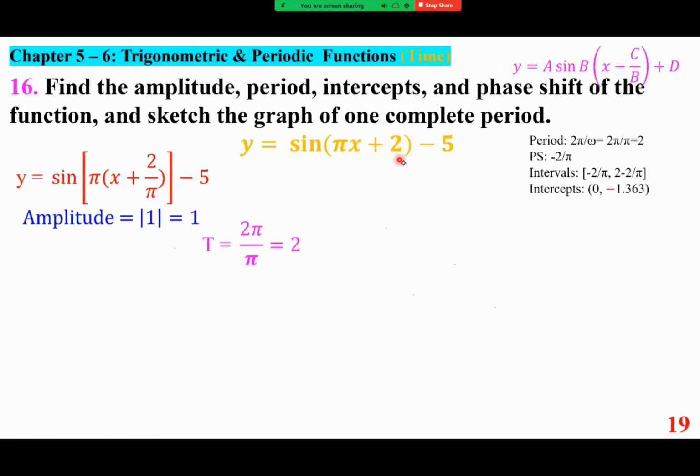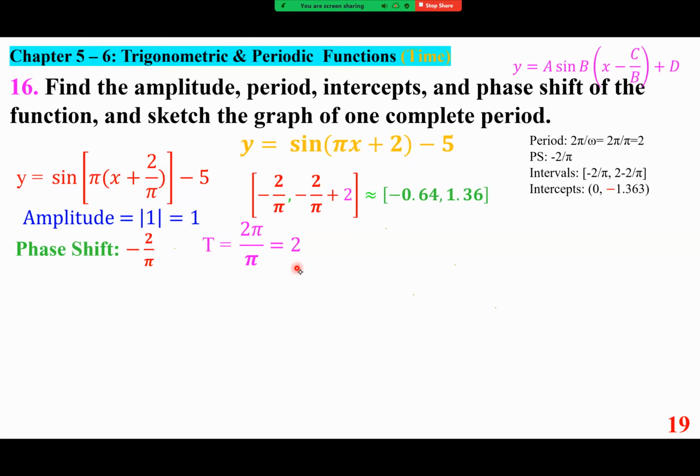So the period is 2 pi divided by pi. The phase shift is negative 2 over pi. Divide this by 4. So we're going to go from negative 2 over pi to negative 2 over pi plus 2. And roughly those are the numbers. Again, because the numbers are messy, I wanted to just show you it's really not that big of a deal.